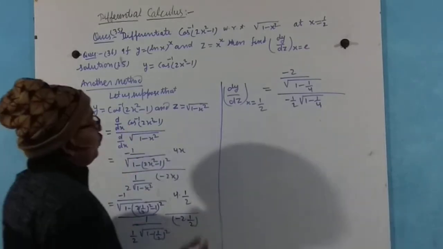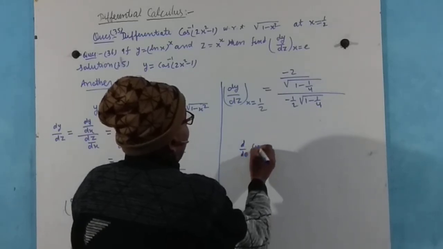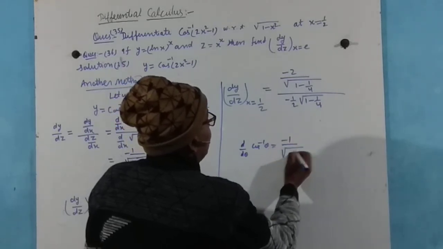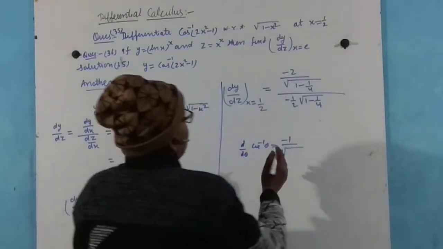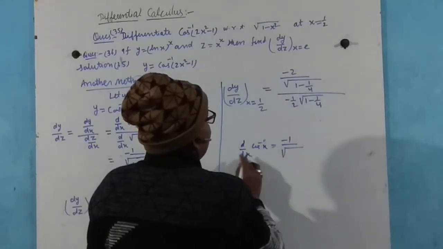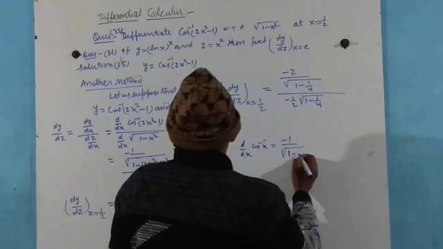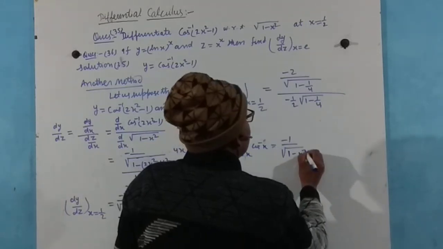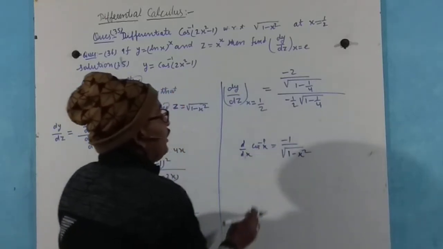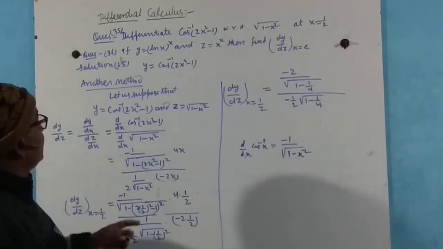Now as you know that d by dx of cos inverse x is equal to minus 1 divided by under root 1 minus x square.